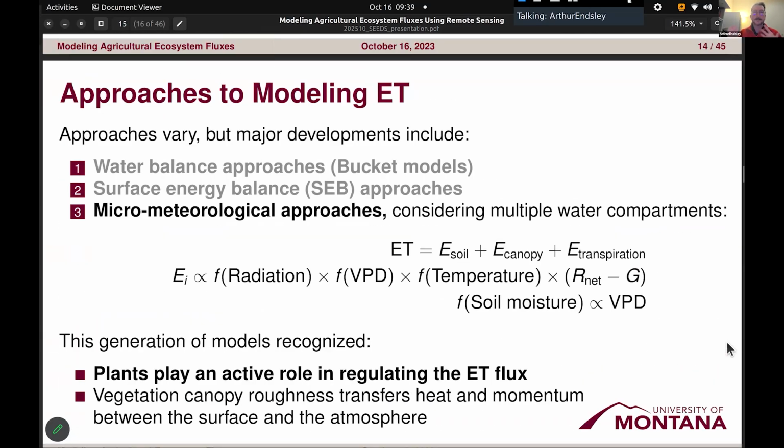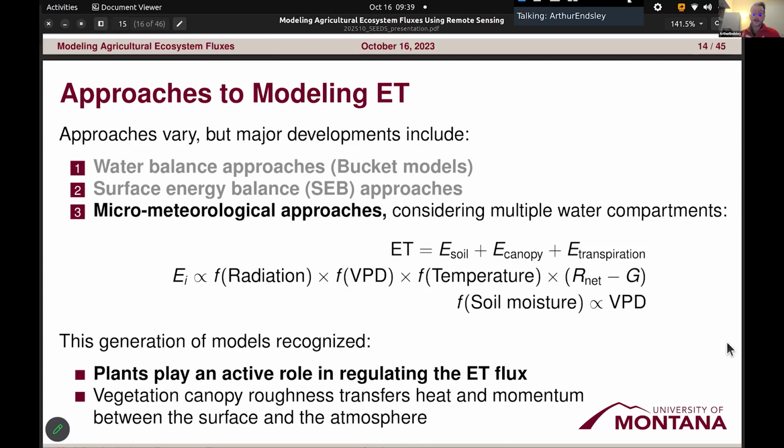And then the third generation of ET models includes what I call the micrometeorological approaches. I'll talk about some specific models in this generation, but they all share some similar features, and they all really began with the recognition that plants and the vegetation surface play an active role in regulating the ET flux.